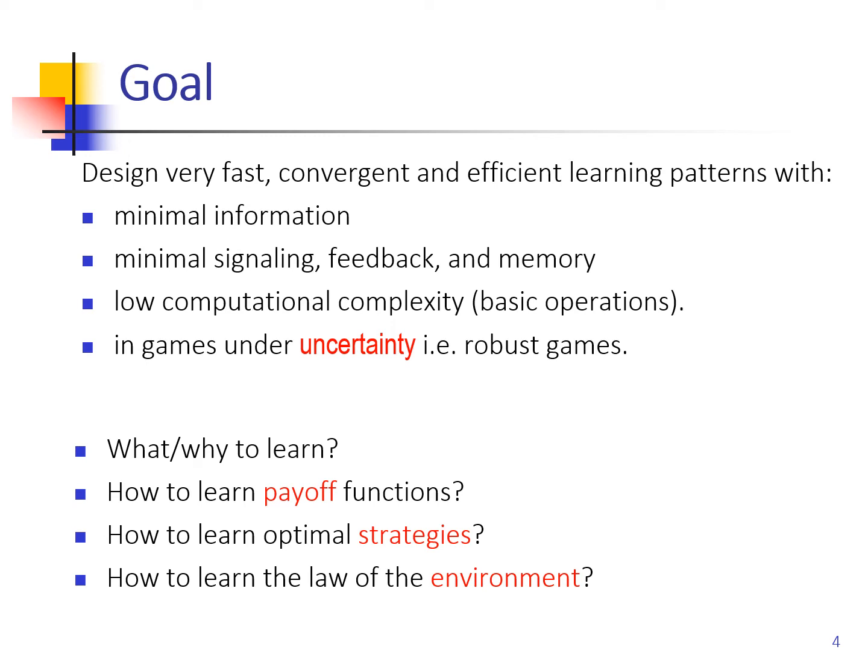Agents do not observe what type of actions other agents take, what their strategies are, and so forth. The signaling is also minimal in the sense of communicating among agents. We will see that we do not communicate in this type of learning setting, but of course there is an implicit coordination that we will delve into.